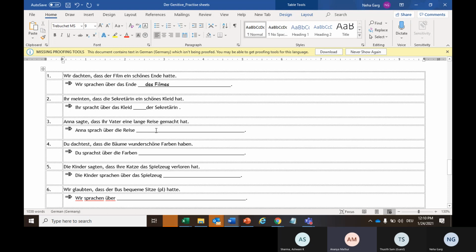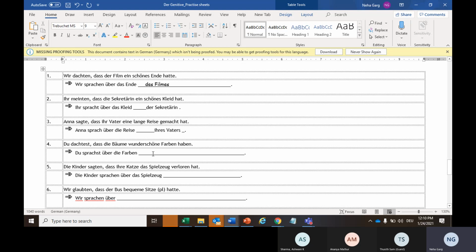Her father, so ihres Vaters. Sehr schön. Here I will be adding only S, not ES, because das ist Mehrsilbige Nomen. A und E haben wir schon. Also nur S. Sehr schön, Ananya.